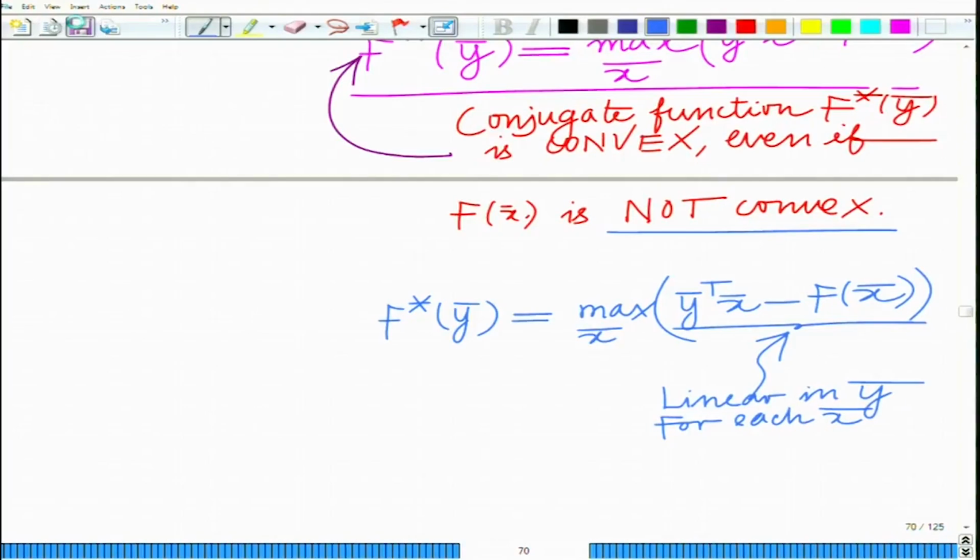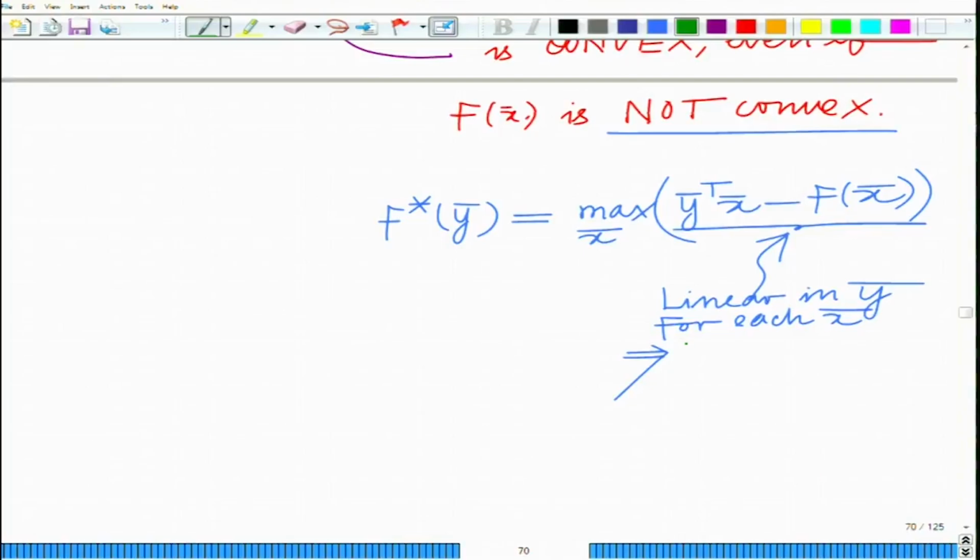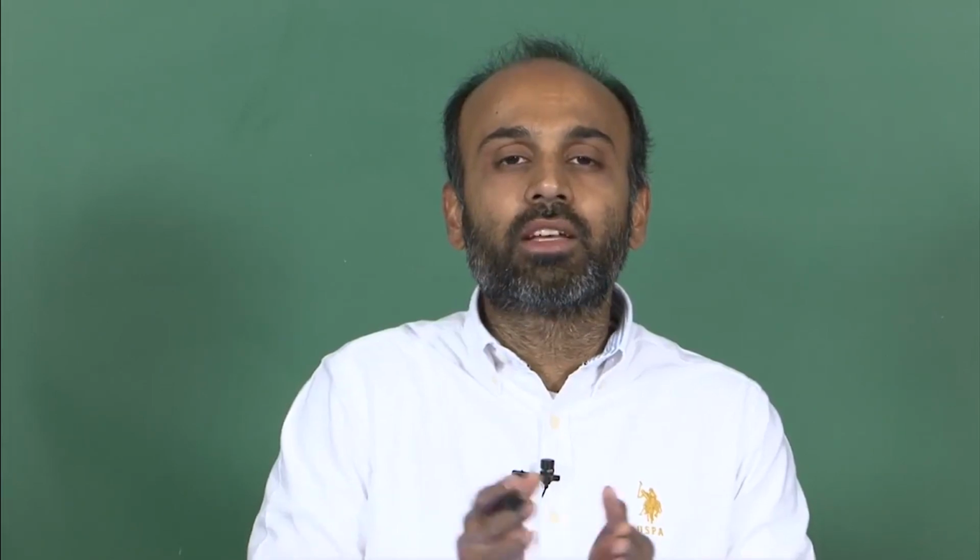For each value of x bar, this is a linear function in y bar, which implies that this is convex in y bar. And therefore, when you take the maximum, you are taking the maximum of a set of convex functions, and from the property that we have discussed for convex functions, the maximum of a set of convex functions is convex.